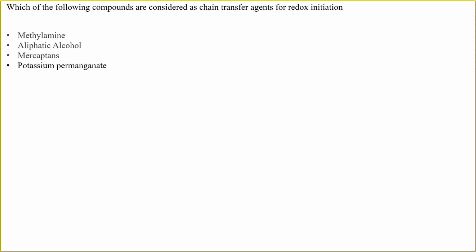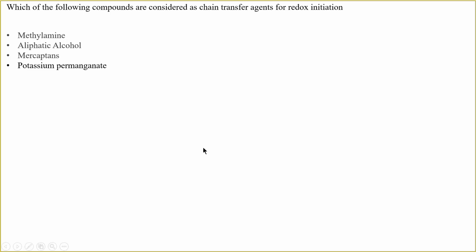Starting from the first question: which of the following compounds are considered as chain transfer agents for redox reactions? So first of all, what is chain transfer? Chain transfer agents are introduced inside a reaction which can advance the radical formation by activating the higher state ions and initiating other species.